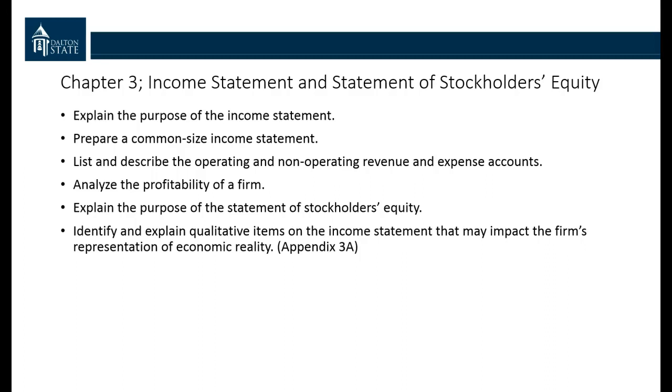What they're asking is how much income did you report? Another way to look at it, which we're going to get to in Chapter 4, is how much cash did you generate. You can't really look at one to the exclusion of the other. They really do need to be looked at together to determine just how successful the business's year happened to be. And so the first item is to explain the purpose of the income statement.